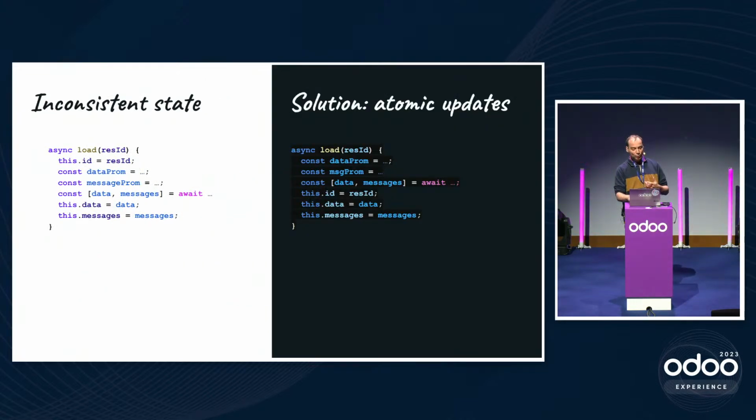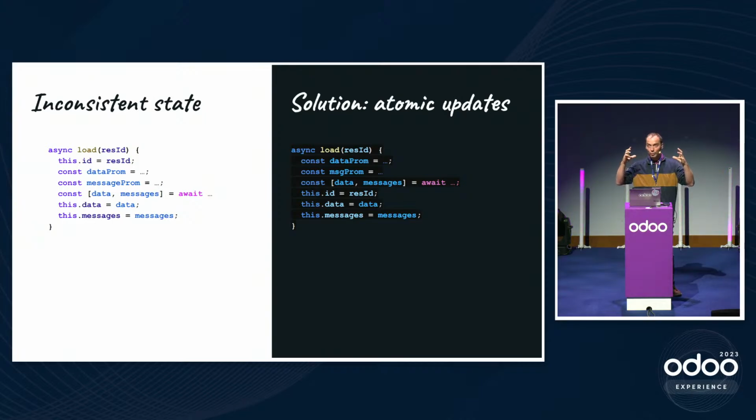In that case, you need to make sure that you solve this inconsistent state, because there is a period of time in which your model has some ID that does not match the state that it's holding at the same time. To solve that, you need to be sure that you can perform those updates in an atomic way.